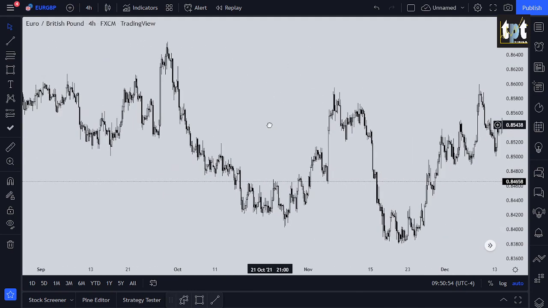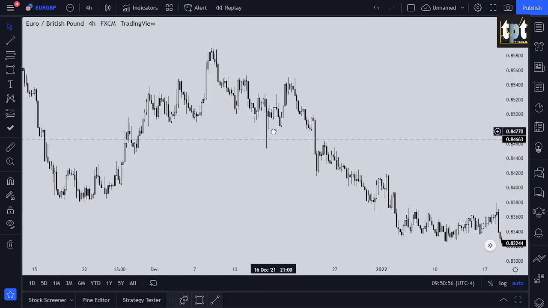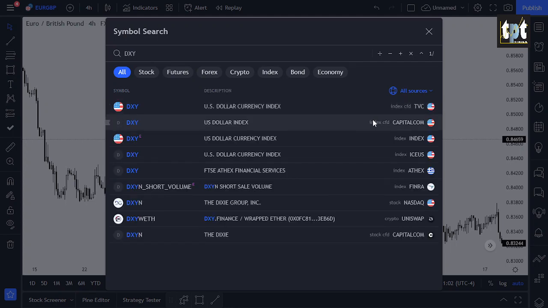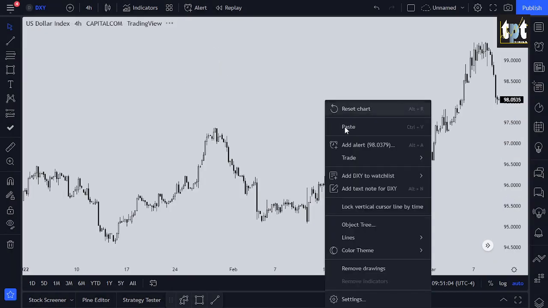Let us look for the mitigation entry. And let me use the dollar index for that particular example, because I saw something interesting on the dollar index.